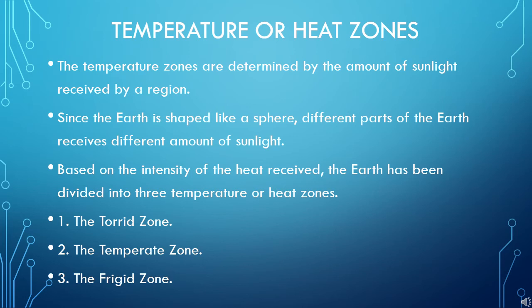So let us have a quick glance at today's learning. We talked about the weather and the climate, and the difference between them. Weather is the atmospheric condition of a place for a short period of time, and it changes frequently. Climate prevails over a large area and for a long period of over 30 to 40 years.